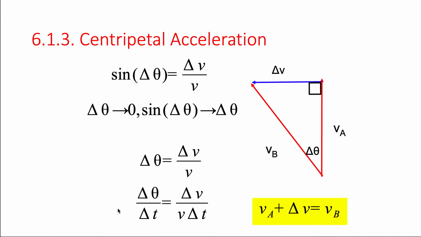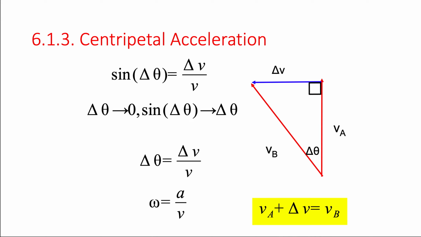Well, delta theta divided by delta t is the rate of change of the angular displacement. That, in other words, is omega. Then, on the other side, we multiply the 1 over v term by delta v over delta t. Delta v over delta t, as you should know, is also another term for the acceleration.